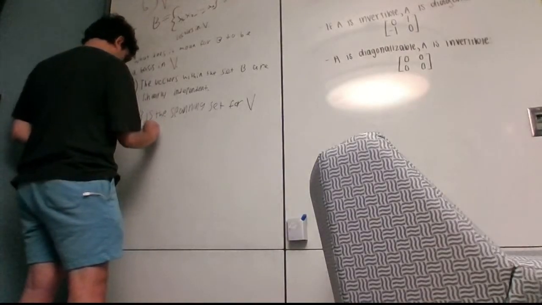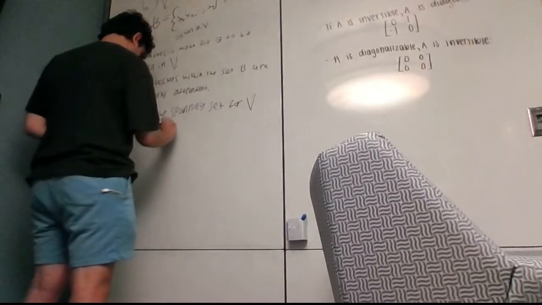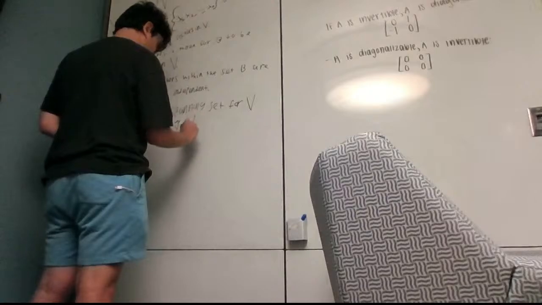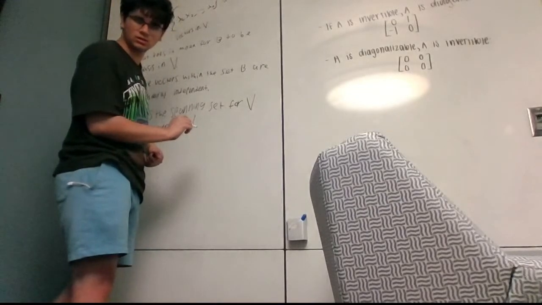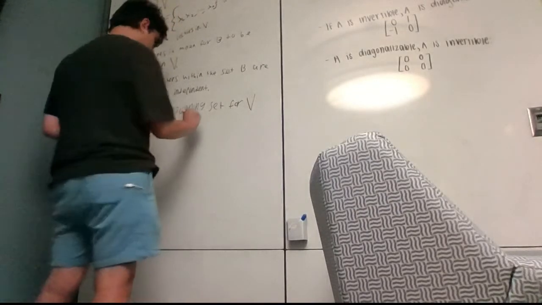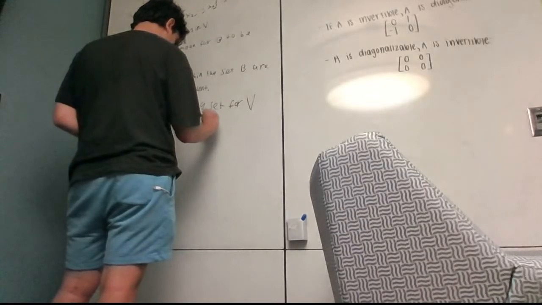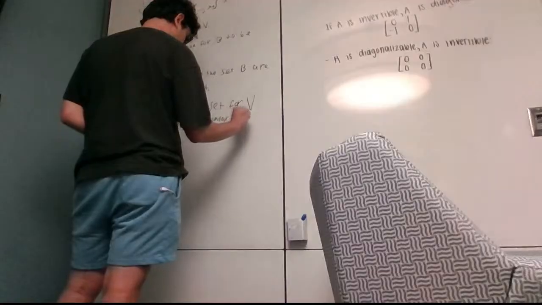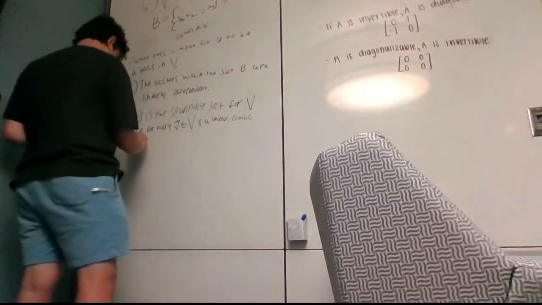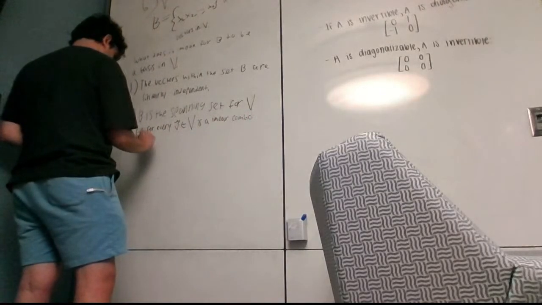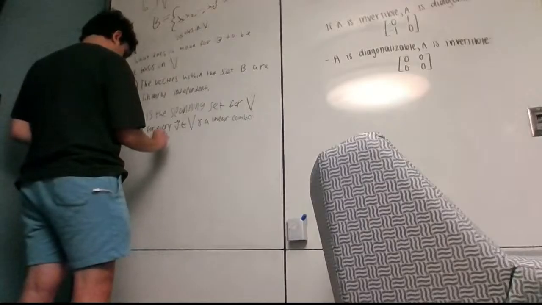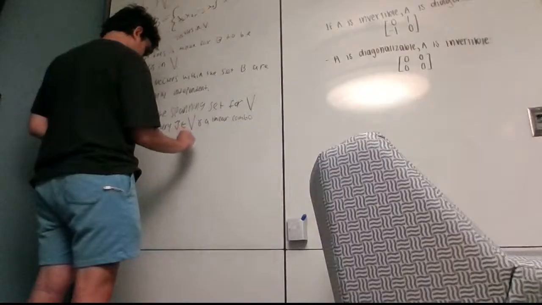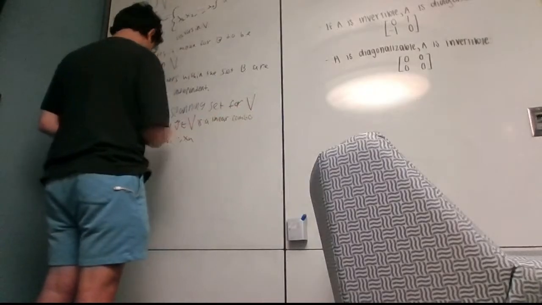for every vector in V is a linear combination of this x1, x2, something like that.